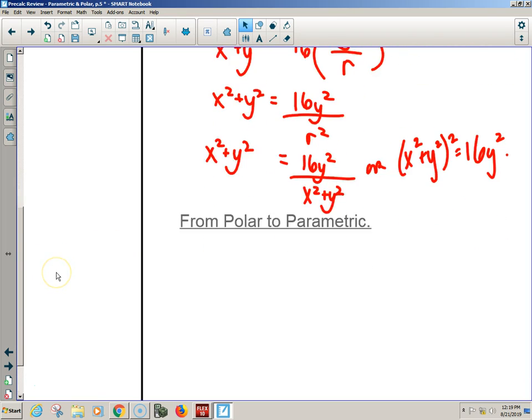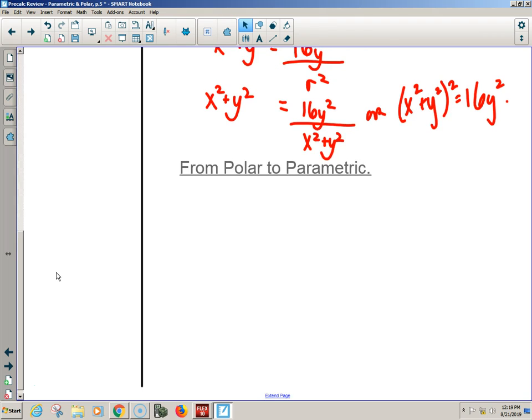What if we were to do the exact same equation? How can we get parametric equations? So we don't need y equals f of x, or an implicit equation, which is what we ultimately did. In terms of x's and y's, we just need a parametric set of equations. So given r is equal to 4 sine of theta, what could we do with this?